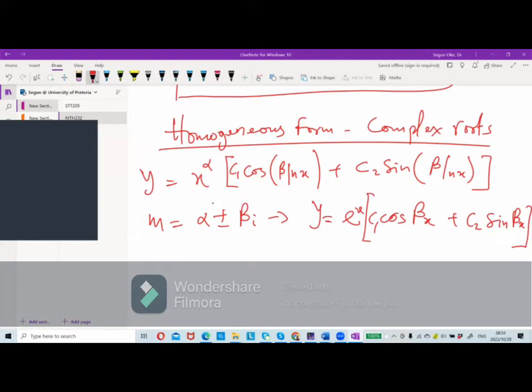So we have this. But can we look at the example that can lead us into this complex analysis, complex roots? When you have x squared y prime prime minus 9x y prime plus 28y equals to 0.